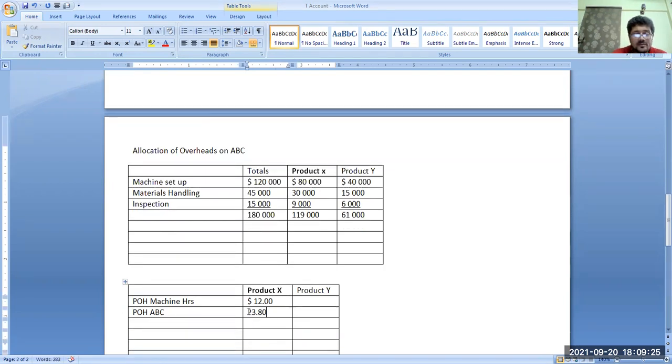So the difference is how much? 23.8 minus 12. So it is 11.8. It is an 11.8 increase. Getting my point now?